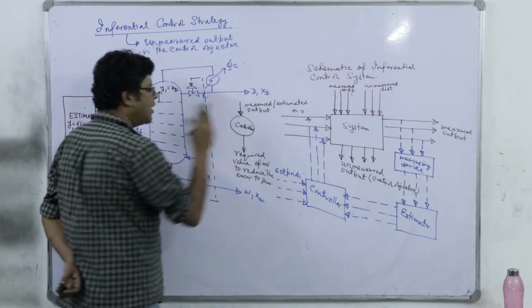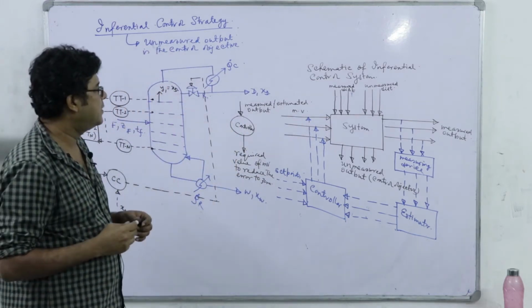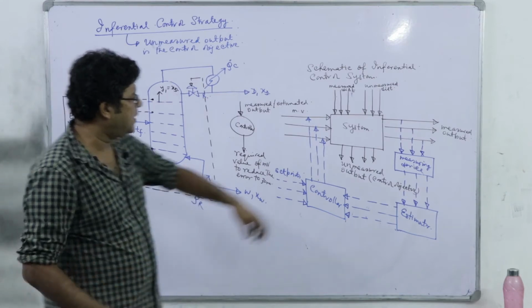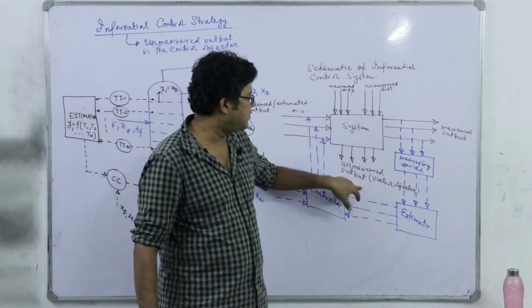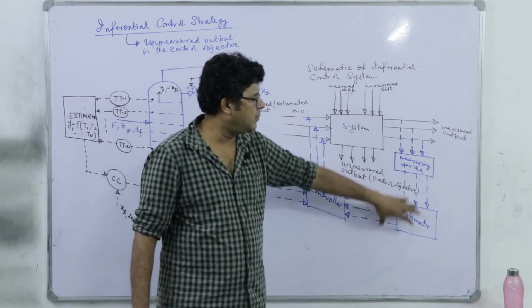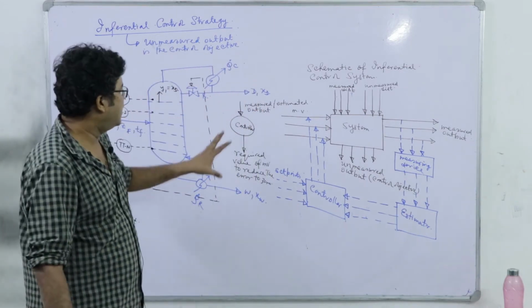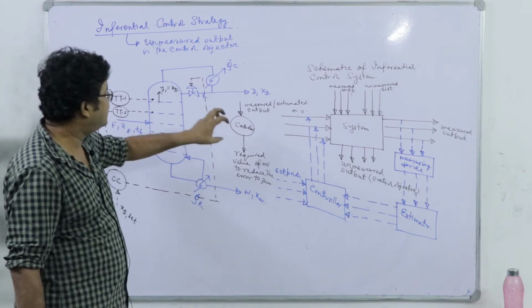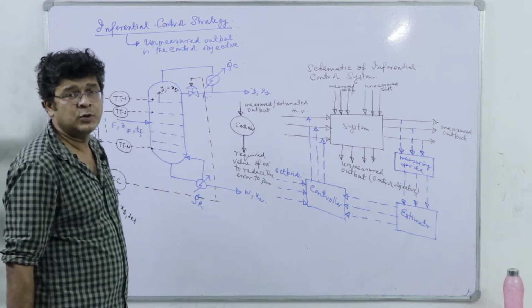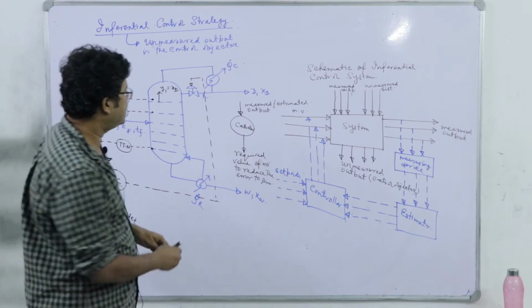So, how is the estimator estimating this unmeasured output, that is the control objective, from measured outputs which are not the control objective? Inherently, that needs the input output model of that system.